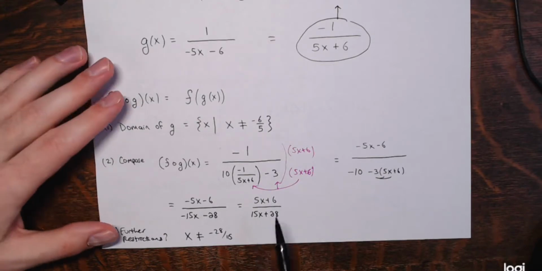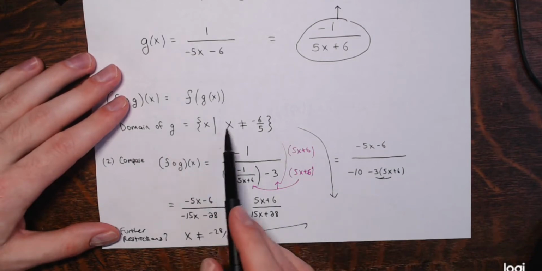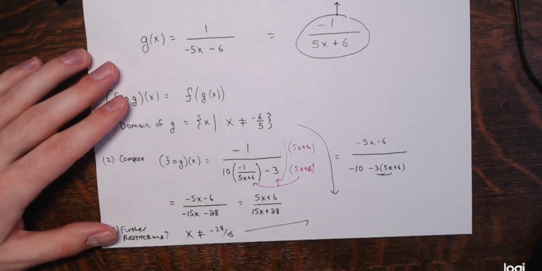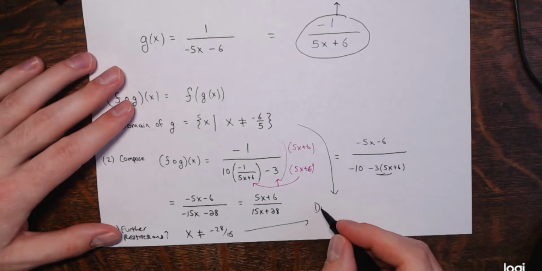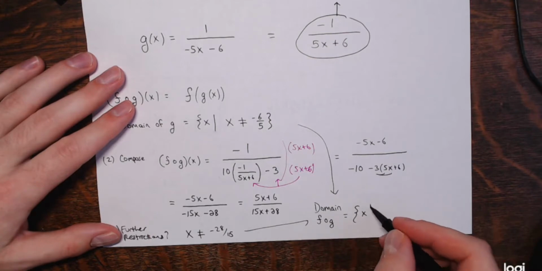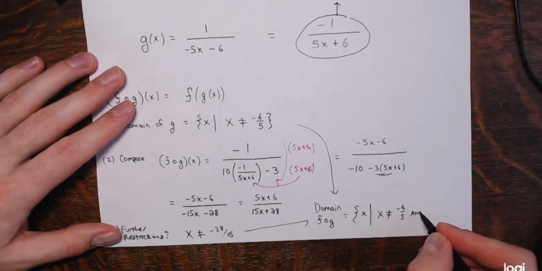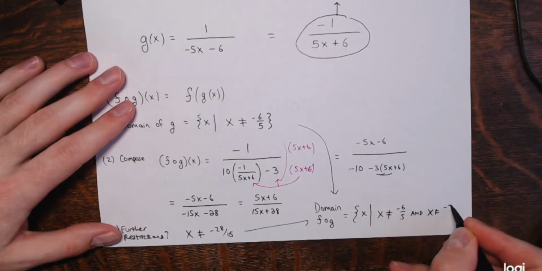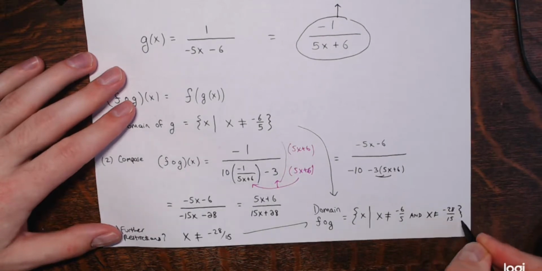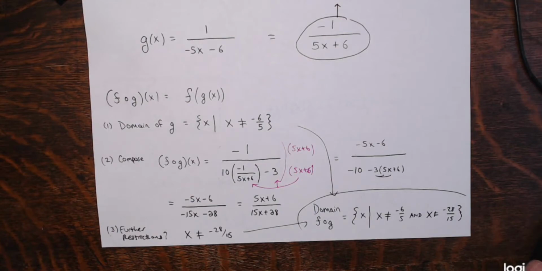And then we put these together: the domain of the first function and the further restrictions we find. So the domain of f composed with g here, I can plug in whatever I want for x as long as it's not negative 6/5 and it's also not negative 28/15. And that's what they want right there, the domain. And it's a little crazy with the fractions, but they happen.